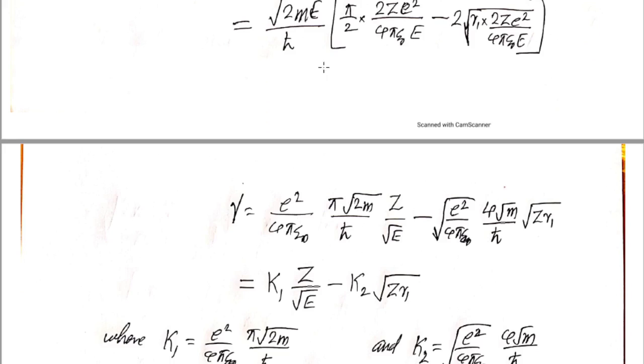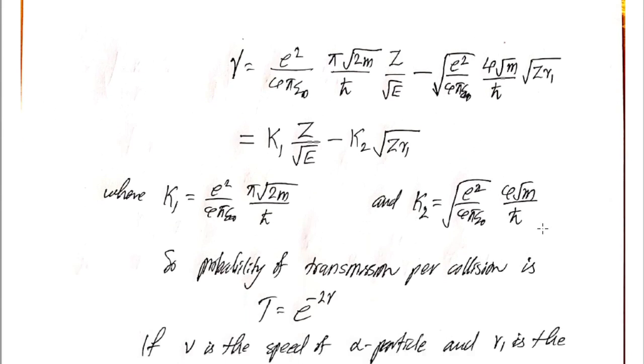Then root of 2m by h cross, and this 2 and 2 get cancelled, and there remains Z by root E, minus here 2 root 2 and root 2 becomes 2 into 2, which is 4, and there is another, inside the square root, e square by 4 pi epsilon 0, so root of e square by 4 pi epsilon 0, then 2 into root 2, that is 4, root m by h cross, then root E and root E get cancelled, there remains root of Z into r1.